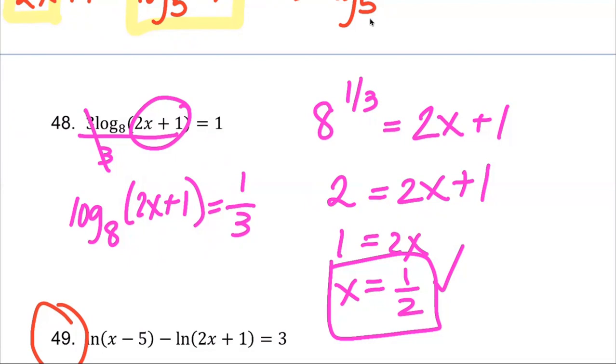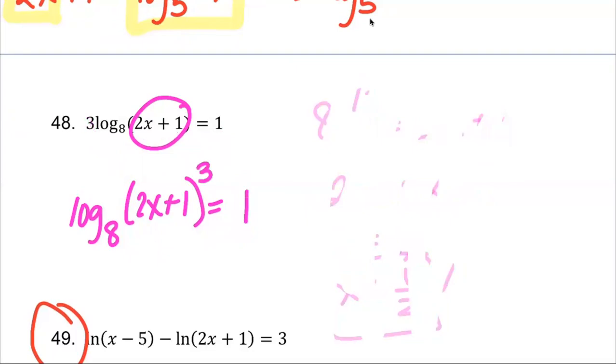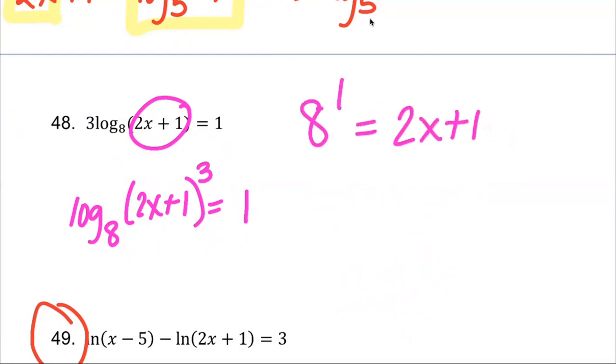If I were to do it the other way, so if I didn't divide by 3, but I moved that 3 to the exponent, then you would end up essentially doing the same thing. So if I convert this to exponential form, it'd be 8 to the 1st power equals 2x plus 1 cubed.